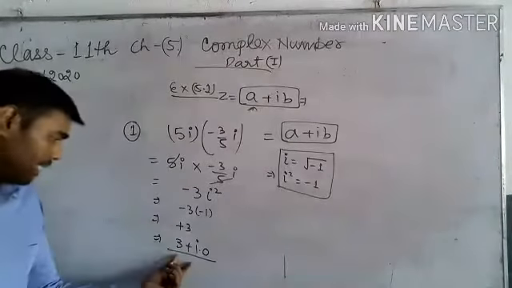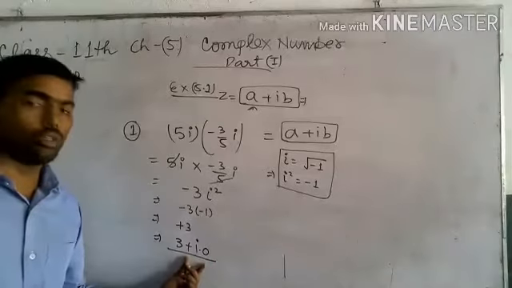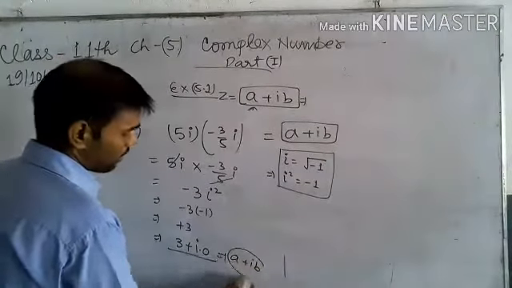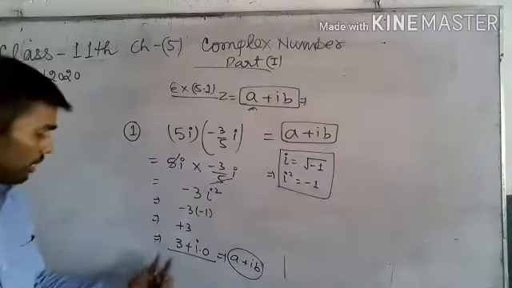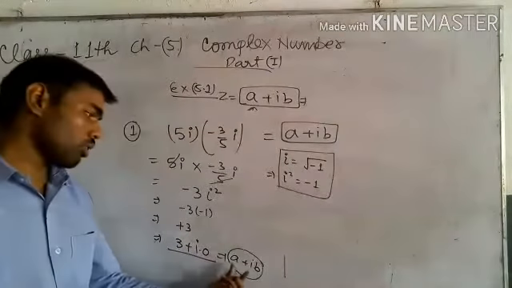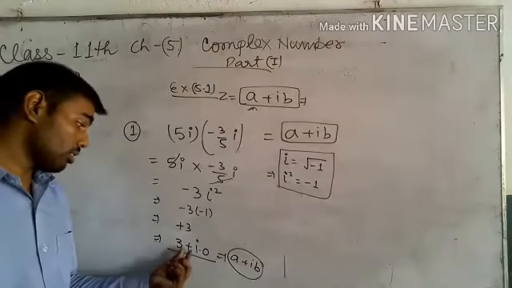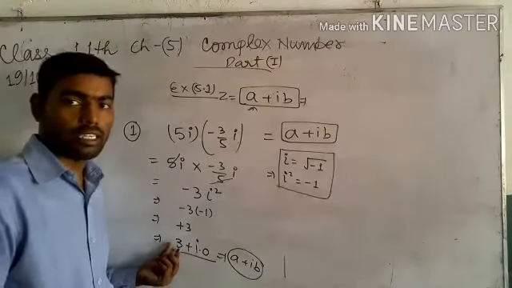So this is 3 plus i into 0, converted into a plus ib form. Here the imaginary part is 0 and the real part is 3.